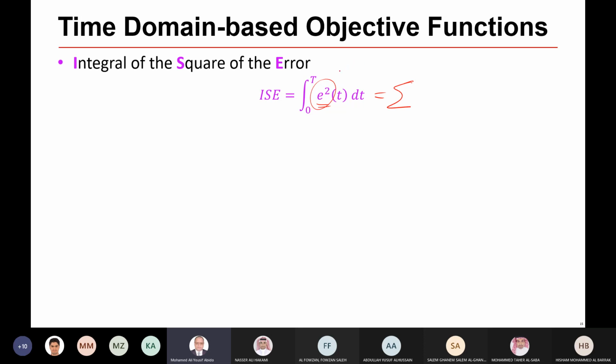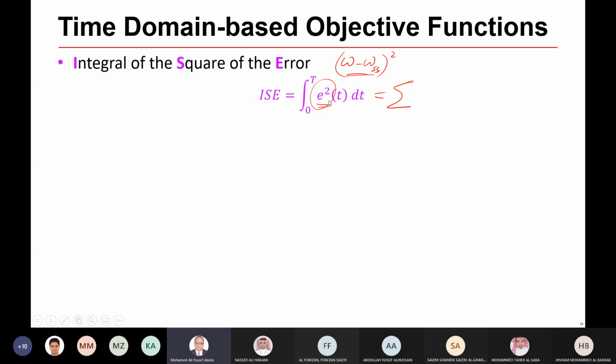For example, if you have speed, you have the speed and the steady state speed. So this is the error square. You need to minimize this deviation. Square, because you need a positive value, whether the speed is higher than the steady state, the deviation is positive or negative, you need to consider both.